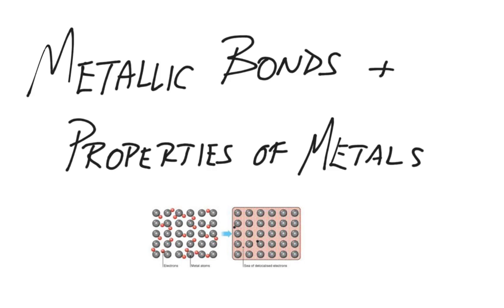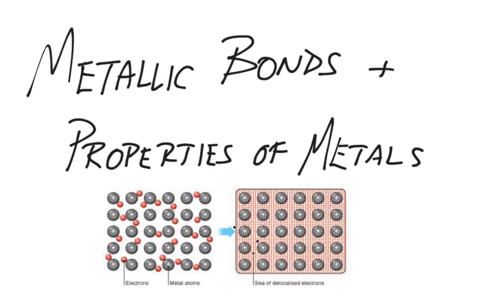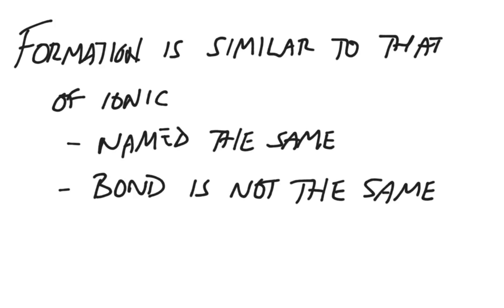Okay, so what we have down here in this diagram is just a little bit of a picture about how these things come together. And we're going to talk about those and why metals act the way they do. Like I mentioned, the formation of a metallic compound is very similar to that of an ionic compound. And what I mean by that is different metal ions will actually form. For example, you might have lead that will combine with, say, chlorine.